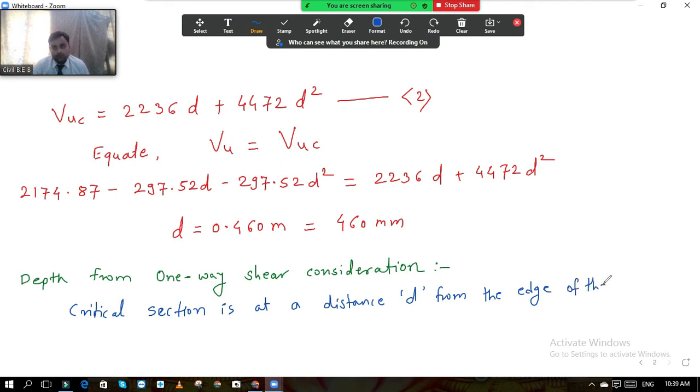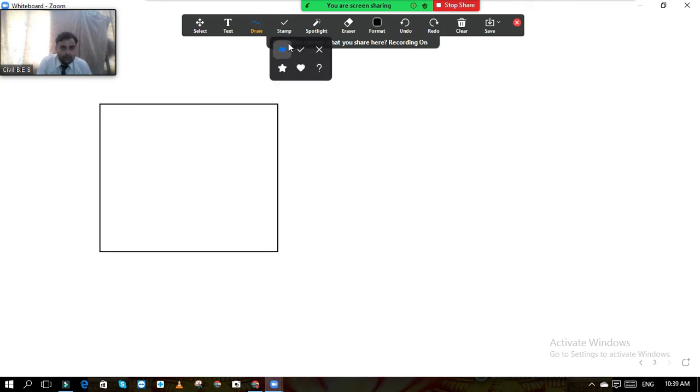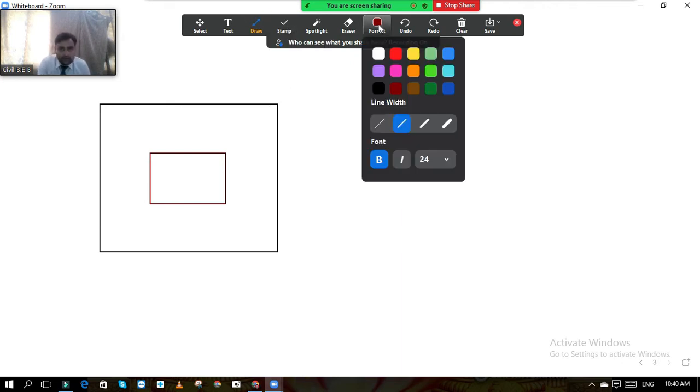Now if I draw the diagram, again this is our footing. Then the column. This is the column. Now the critical section is taken at a distance d.